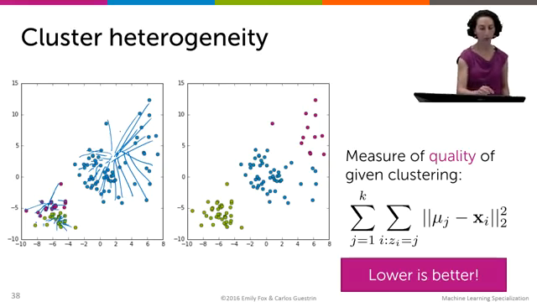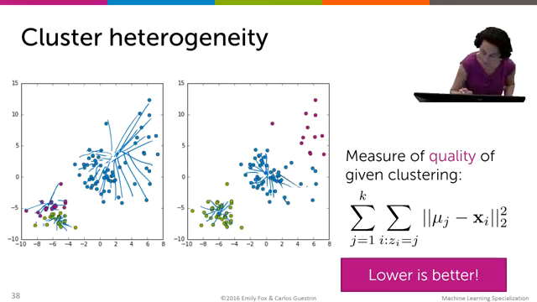So when we're summing over the square of all these distances, this is going to be a very large number. Whereas here, we're summing in each case for each cluster over smaller numbers on average.